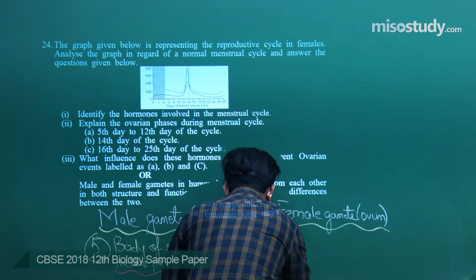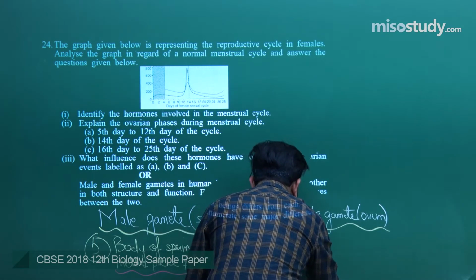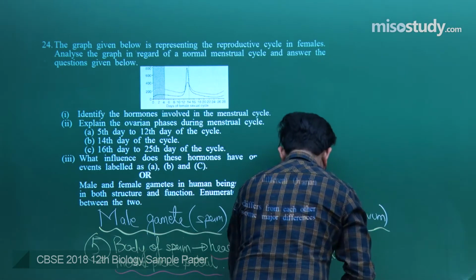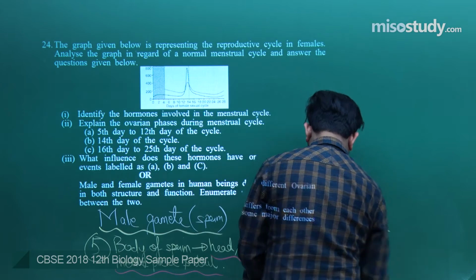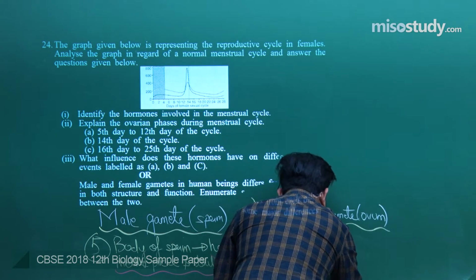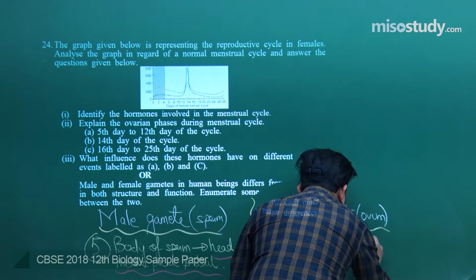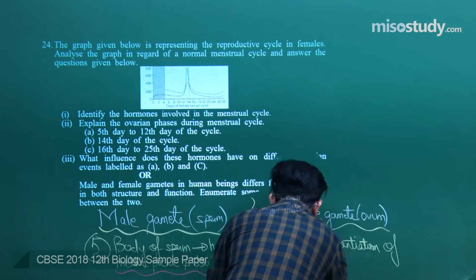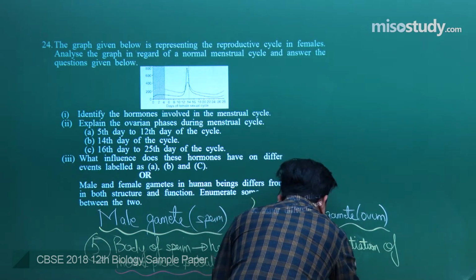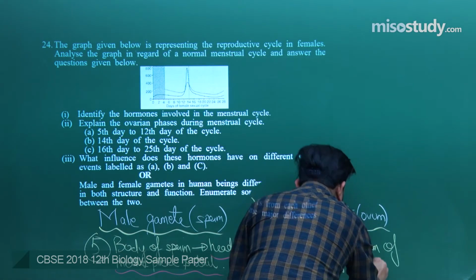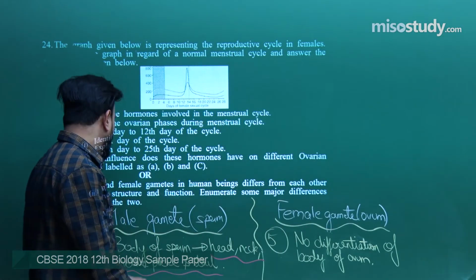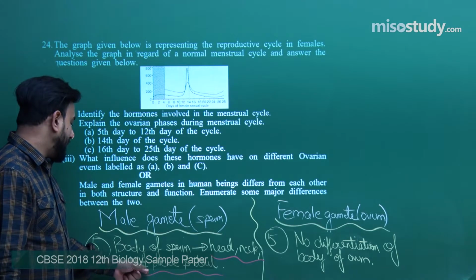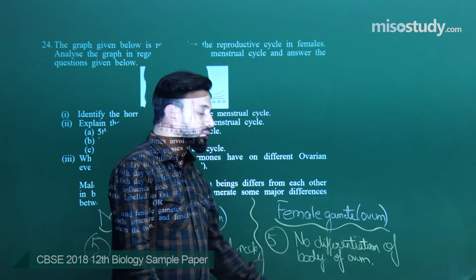Over here we see no differentiation of the body of the ovum. So here the sperm body is differentiated into head, neck, middle piece and the tail. Here there is no differentiation of the body of the ovum.